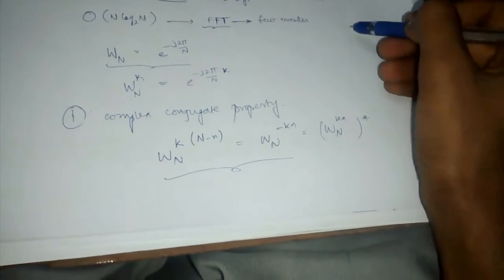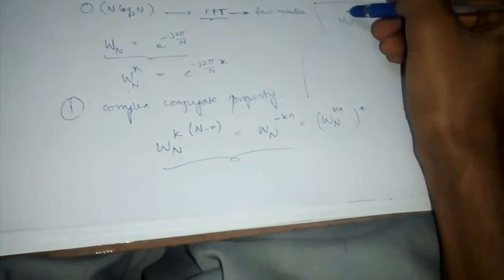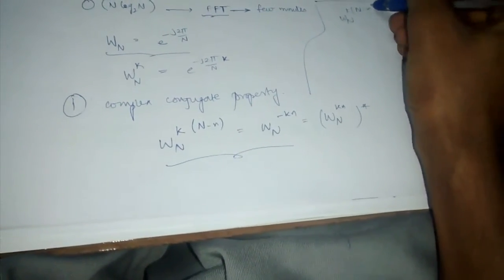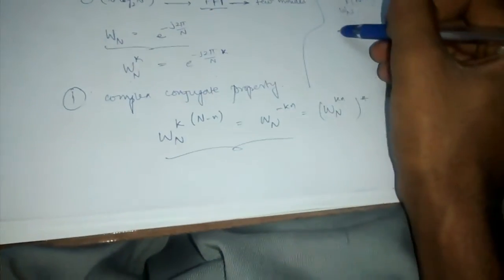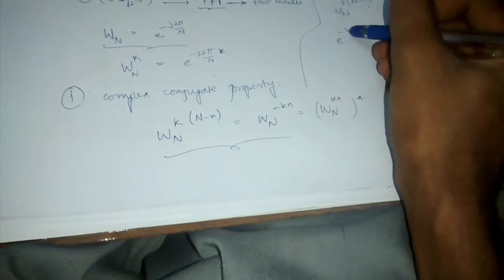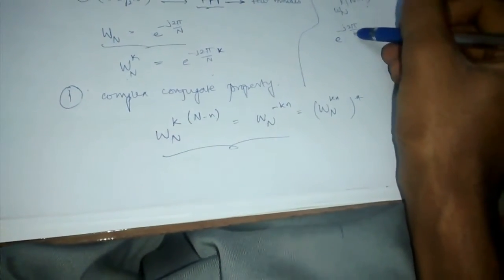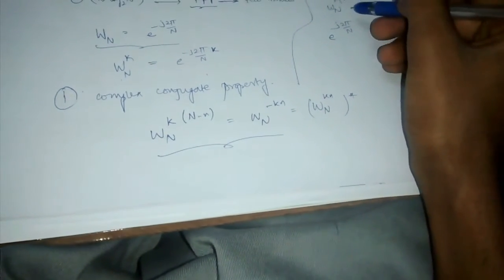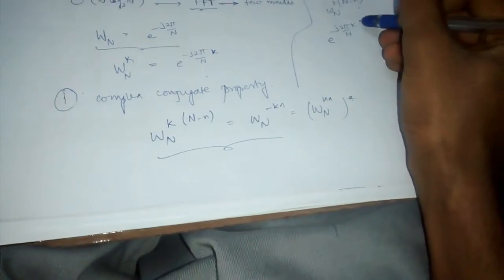Now consider W_N of k(N minus n). Substituting here, we get e power minus j 2 pi by N times k times (N minus n).